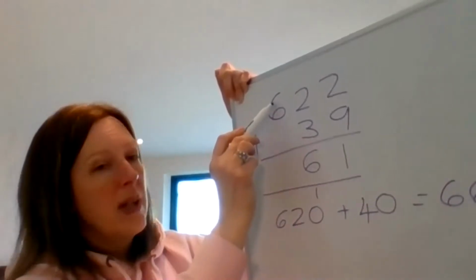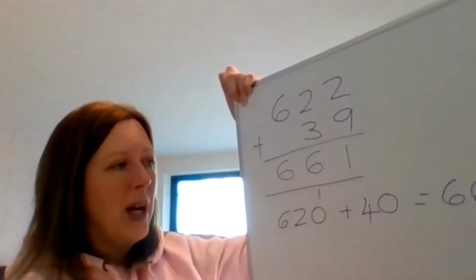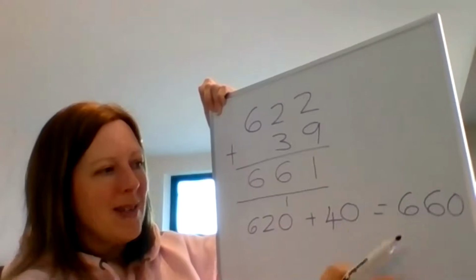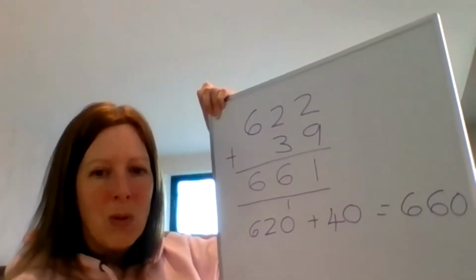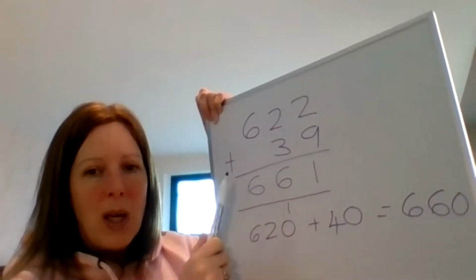Then I've got my 600s here, and no hundreds in this one. So my actual answer is 661. Well, look, our estimate is 660. We're only one off. Can't get much closer than that. So I think we have added that up correctly, and we have done the right thing to get that final answer of 661.